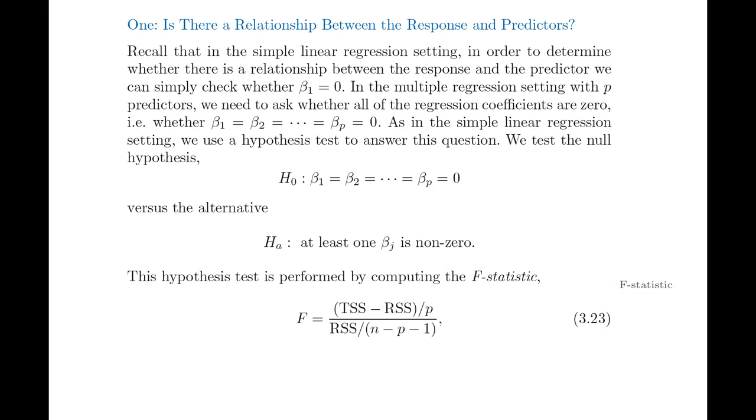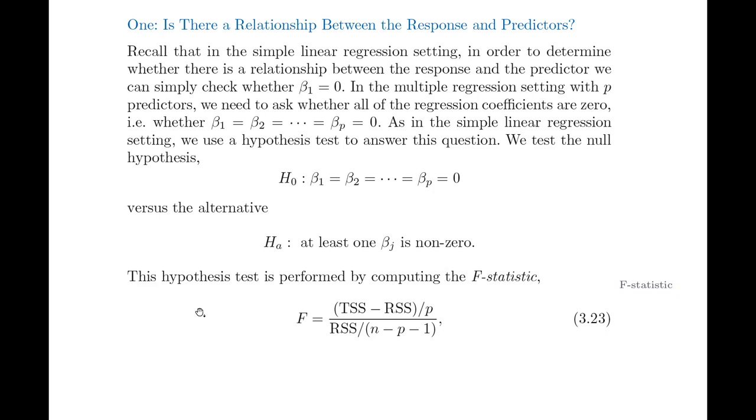As in the simple linear regression setting, we use a hypothesis test to answer this question. We test the null hypothesis, H0, which states each true parameter is 0 versus the alternative, at least one beta j is non-zero.